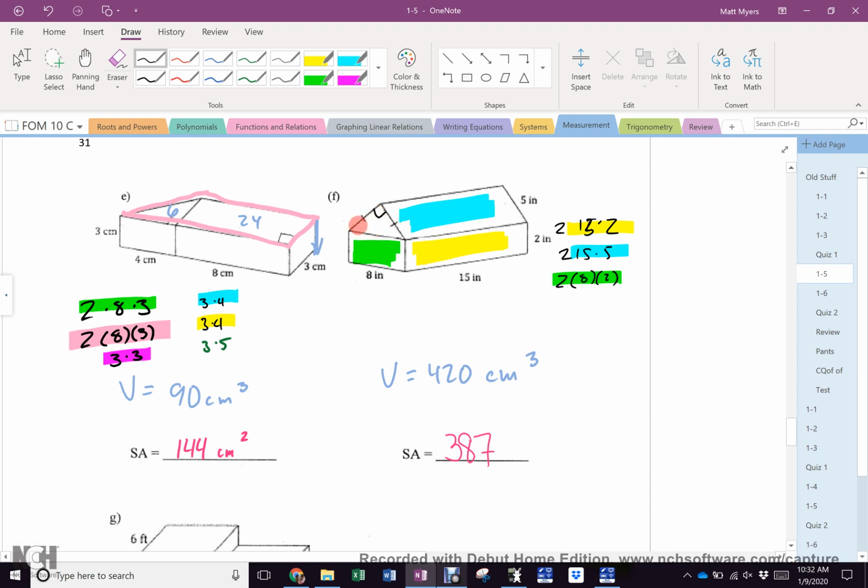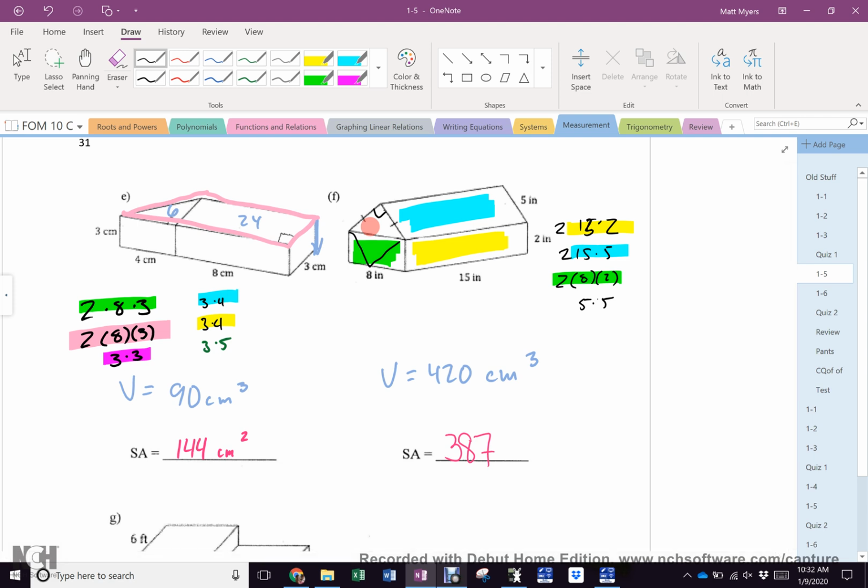Okay, so that means that is 5 by 5, right? How many of them are there? 2. But since it's a triangle, it makes this, doesn't it? So what is 5 by 5 for that whole square? 5 by 5 covers that whole square, yes? Okay. So what's missing now?